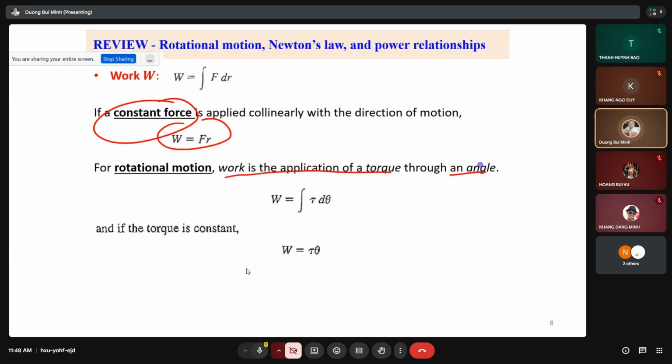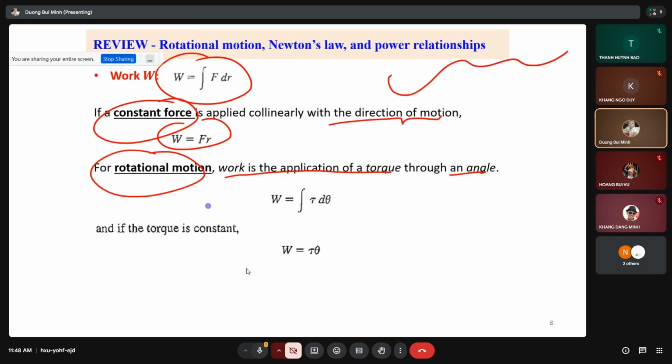For rotational motions, work is the application of the torque through an angle. So this is the formula to calculate work for straight motions. For circular motion, rotational motion, we calculate work as the integration of torque times the angle theta.